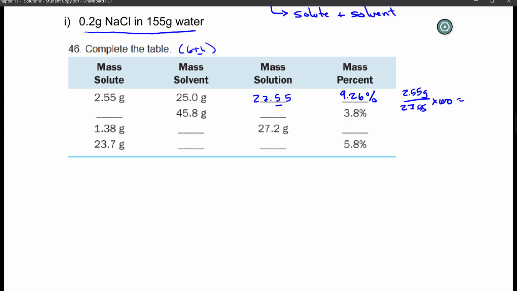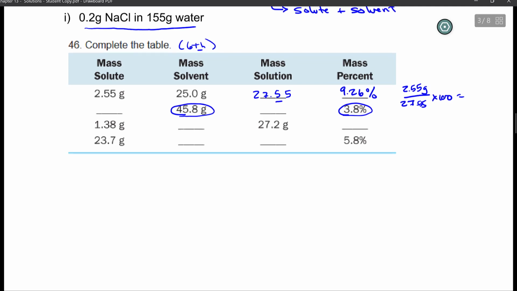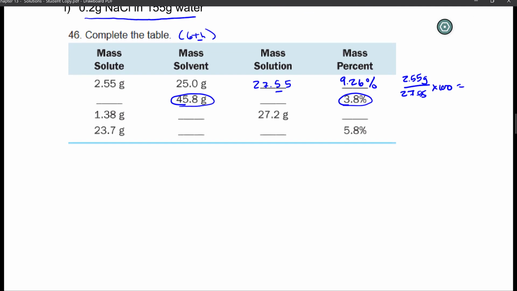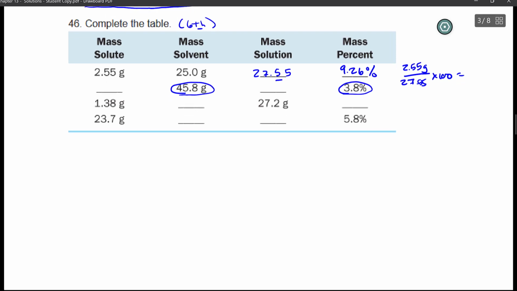Okay, so let's look at a slightly different problem. It says the mass of solvent is this, and the mass percent is this, and we need to calculate the mass of the solute and the mass of the solution. Now, to do these calculations, you go back to the relationships between the solute, the solvent, and the solution in relationship to the percent.